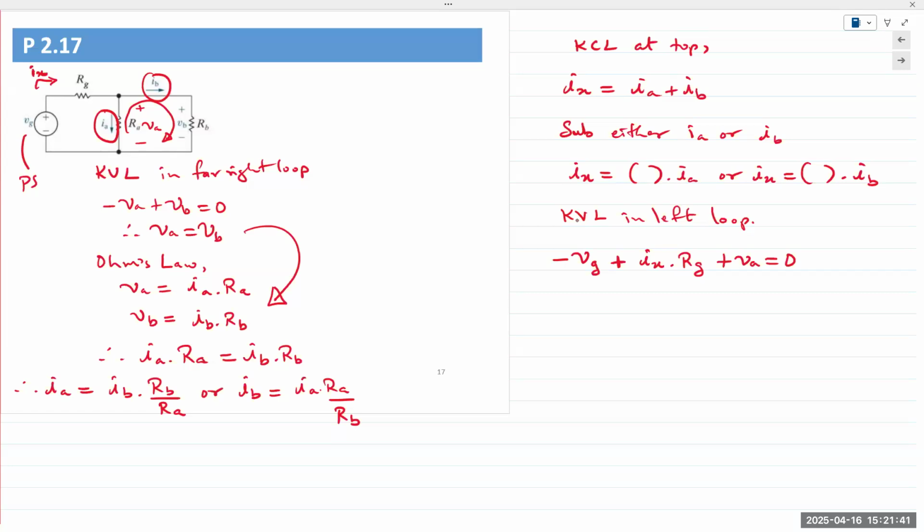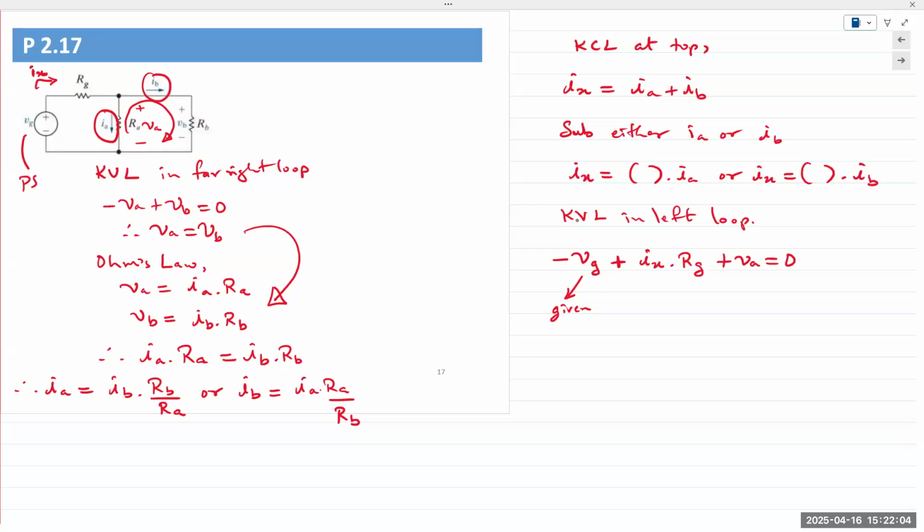So what do you think? We now have a KVL equation on the left, I'm sorry, over there, right? You got minus Vg plus Ix times Rg, Ohm's law, plus Va equals 0. KVL holds true no matter which loop you use, right? Everything was an unknown. The only thing that we knew is that this is given, right?